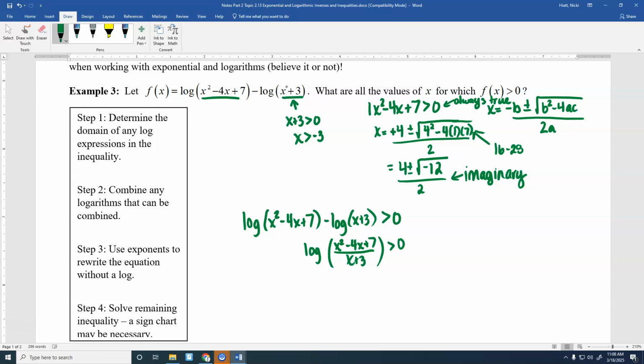What do I have to do now? 10 to the power, because this log doesn't have a base, so its base is 10. So I do 10 to the power on both sides. That gives me x squared minus 4x plus 7 over x plus 3 is greater than, what is 10 to the 0 power? 1 here.